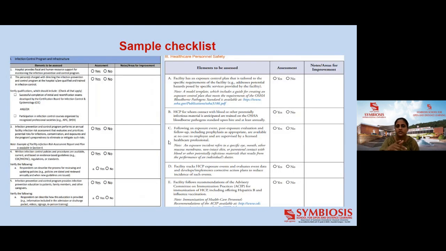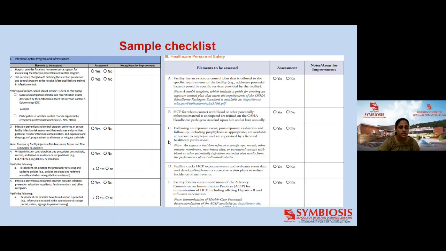Now the sample checklist. This is how you are going to prepare it. See, for the infection control program, infrastructure elements to be assessed. The checklist is given. You can go through it once. You can verify qualification, then prevention and control program performance, then written infection control.